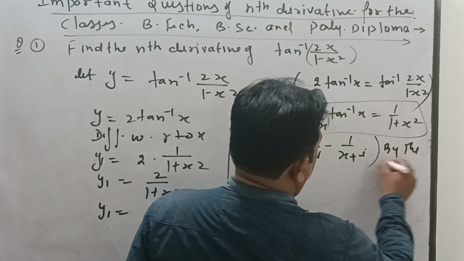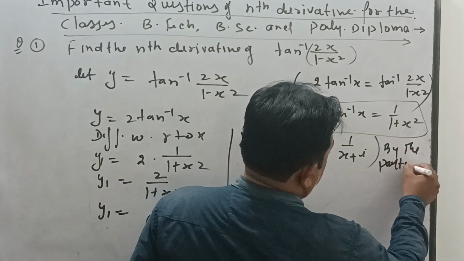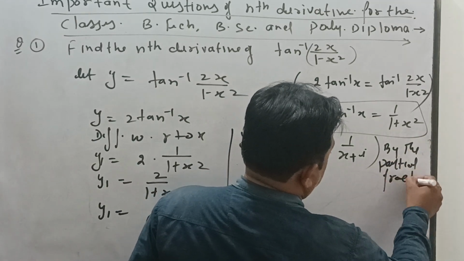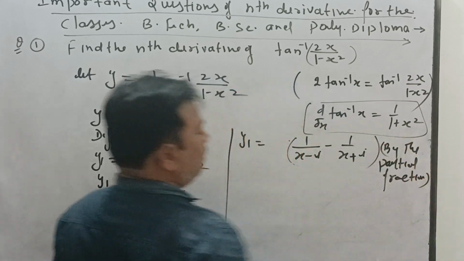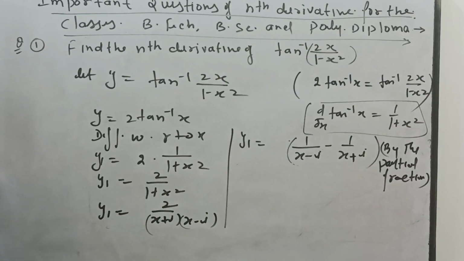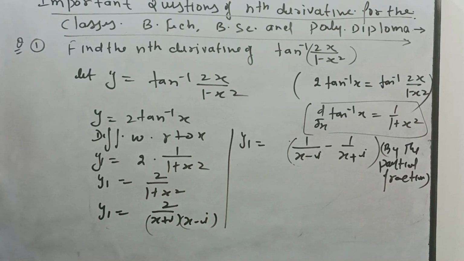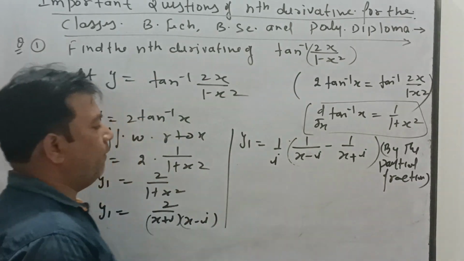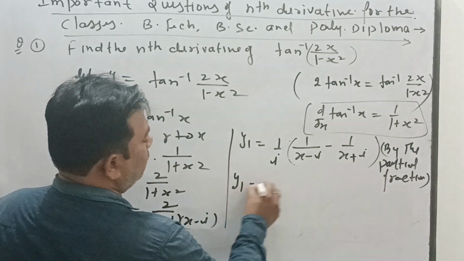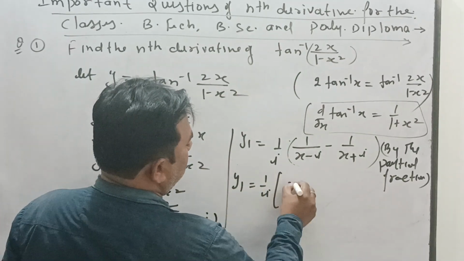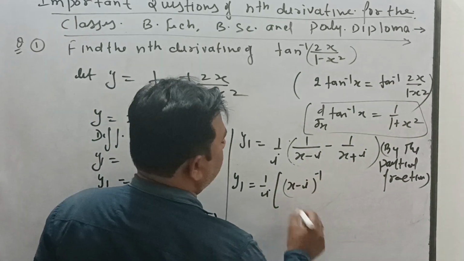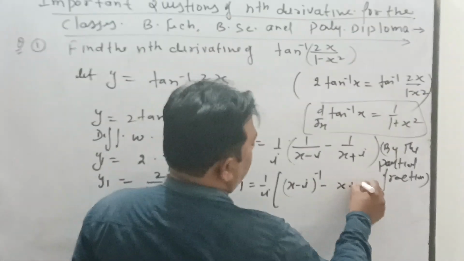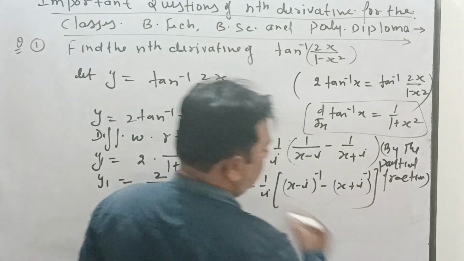Factorizing this by the help of partial fractions, we write 1 upon i. Then y1 equals 1 upon i times (x minus i) to the power minus 1 minus (x plus i) to the power minus 1.